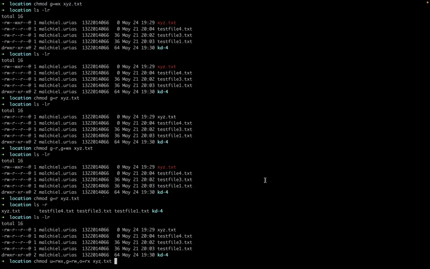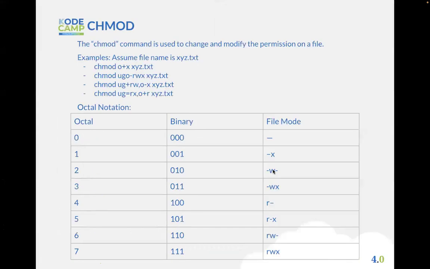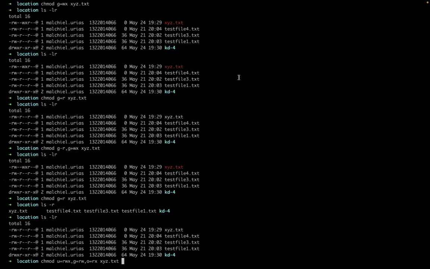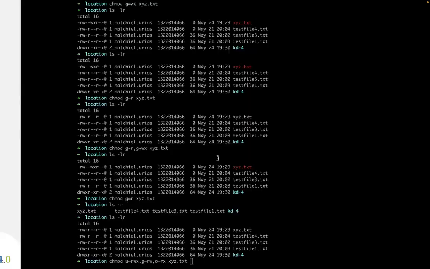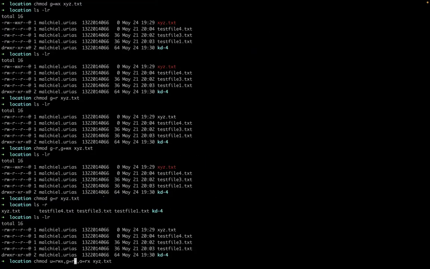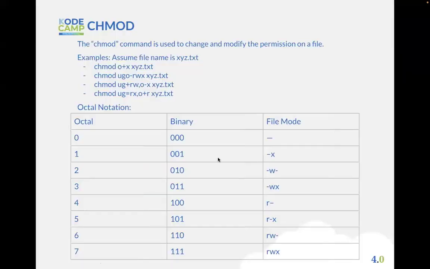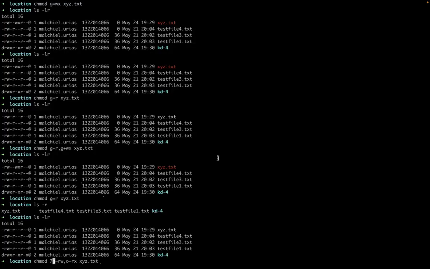Chika, you see there? Yes, I am here. So you want to use octal notation. For the user, you use 7. Let's switch that to 7. For read and write for group, you use 6.